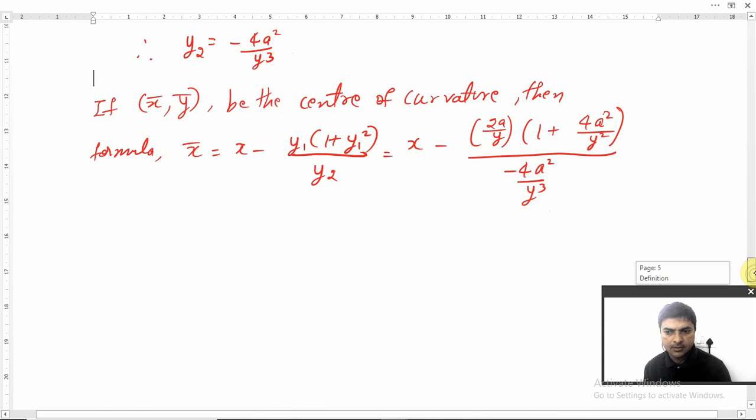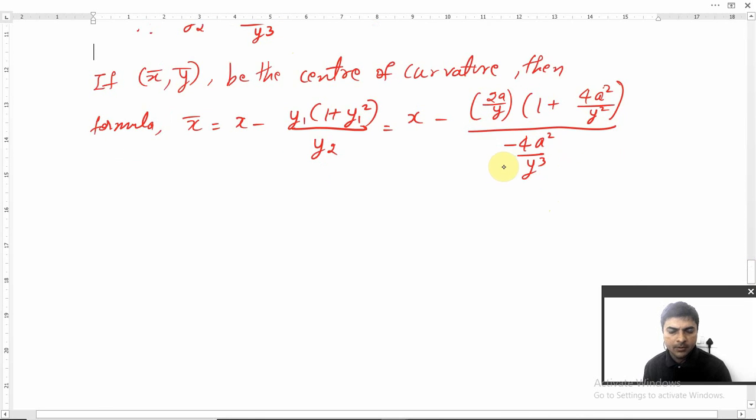Is it clear, students? So like this we have to simplify and substitute. Yes students, easily we can simplify this. This is equal to x as it is, minus into minus, this minus and this minus will become plus. Here you have 2a divided by y, this 2a divided by y, we can easily see one y will get cancelled here, one a will get cancelled, and 2 ones are 2, 2 twos you will get here, and then you can take the LCM on the numerator.